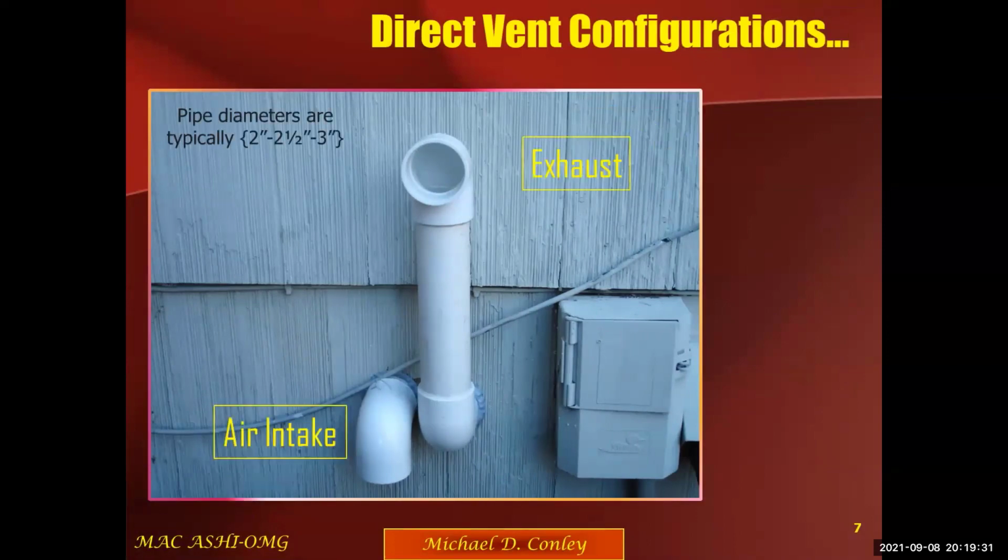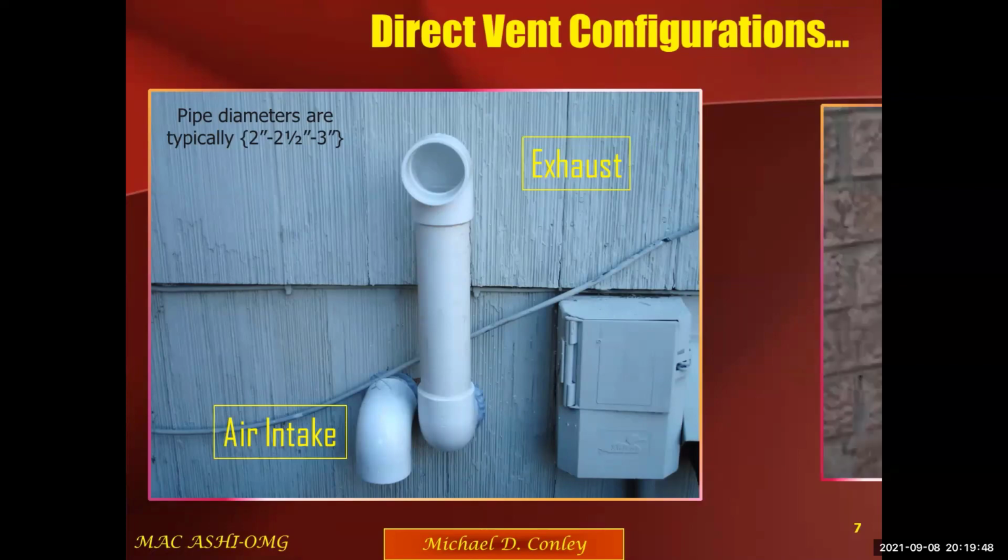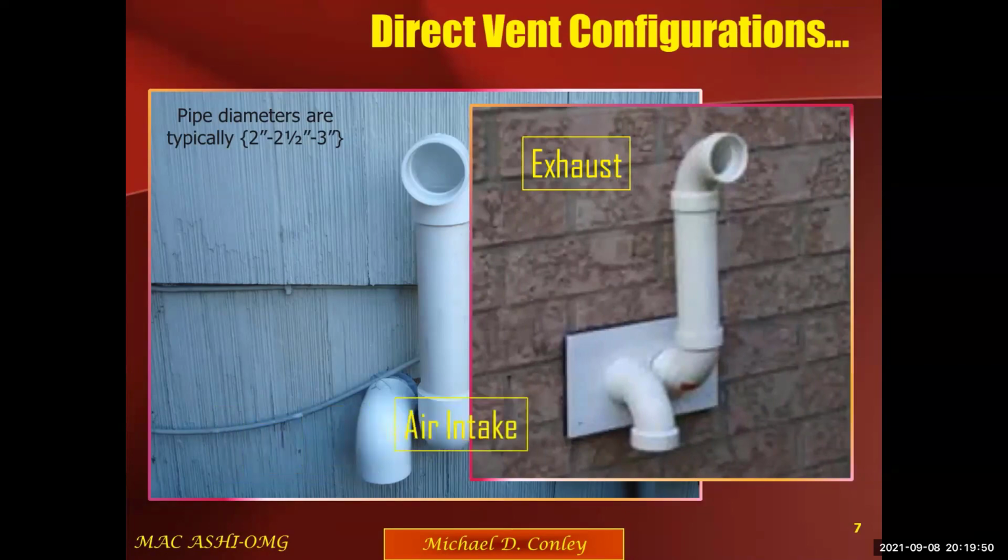Another example of intake and exhaust. Pipe diameters are usually anywhere from 2 to 3 inches. Very typical at 2.5 inches. Typical separation between the intake and the exhaust should be a minimum of 18 inches or more. You don't want them too close together.